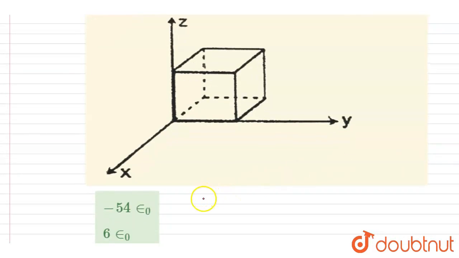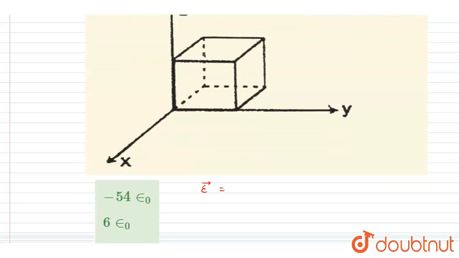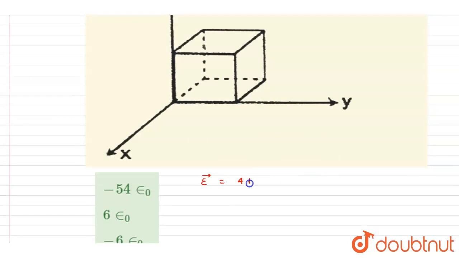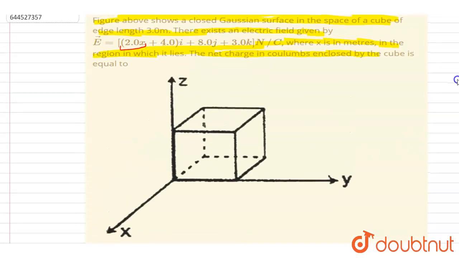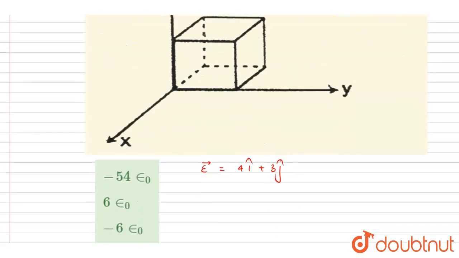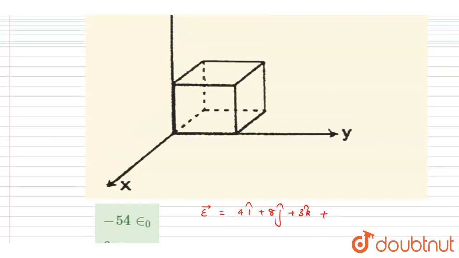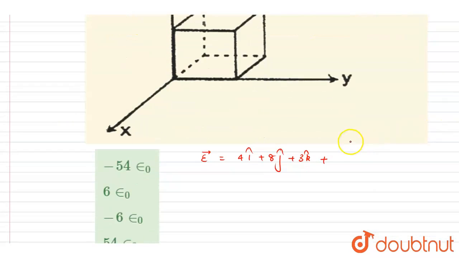So if I write down this electric field as 4i cap plus 3j cap plus 8j cap plus 3k cap, plus I will write down this 2x i cap.